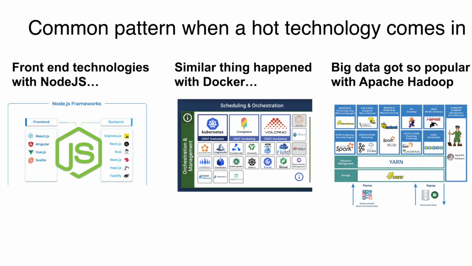Similar trends happened in the past with Docker containers and big data, which started with Apache Hadoop. Anthropic saw a need where generative AI is lacking, and that was a unified protocol that allows generative AI tools to easily talk to something other than trained data and user-provided prompts.